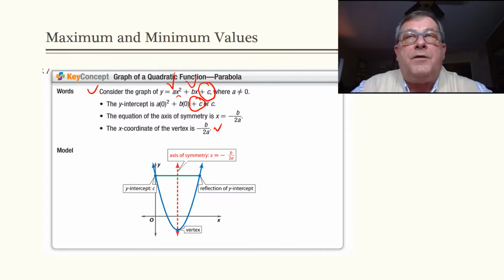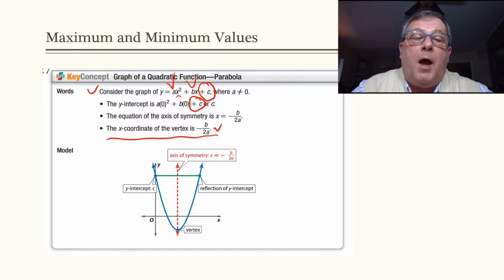So we're talking about the coefficients in front of the variables, and negative b over 2a gives us both the axis of symmetry as well as the x value of the vertex, and this is leading us to the maximum or minimum values.